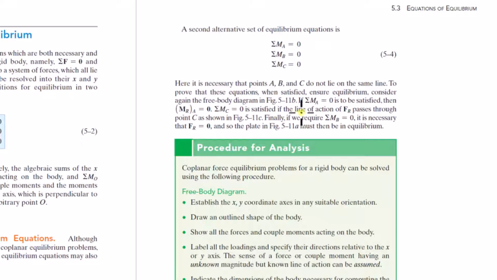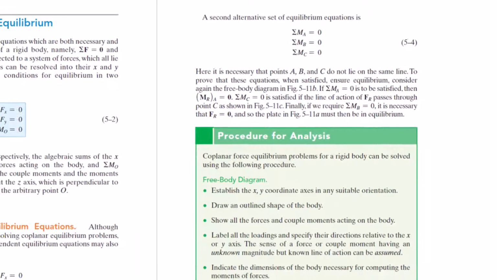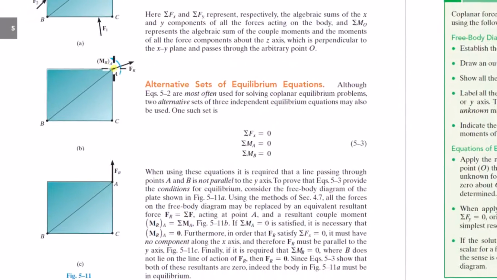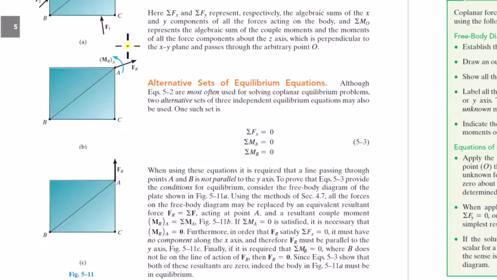Now, you might be a little confused here, because it seems as though perhaps this is redundant. The sum of the moments about point C is satisfied if the line of action of the resultant force passes through point C. Well, the idea is that we have no idea what the direction of the resultant force is.